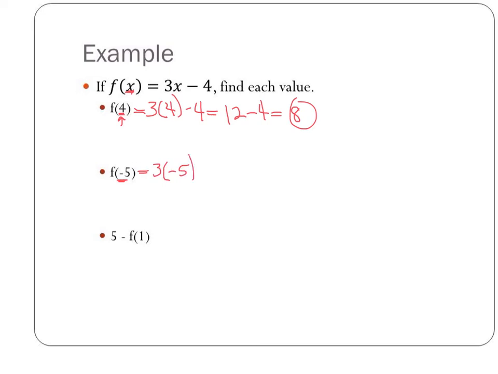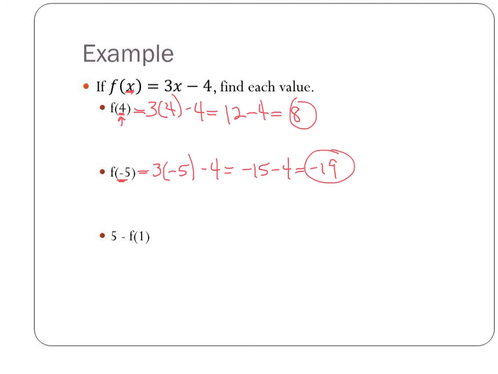Just working out the right-hand side, negative 15 minus 4 is negative 19, and we're done. These are the same thing as before, where maybe you were asked to find y when x is 6: you put in 6 for x and solve for y. These are the exact same thing with just a little bit different notation.